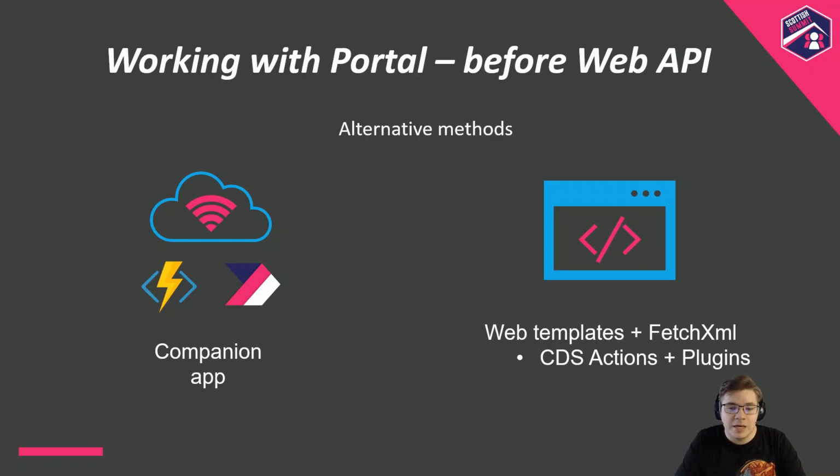Web templates are the portal way of defining a web page, so you basically define what should be rendered. You can create a web template that only has a fetch.xml, receives some parameters via the URL, fetches the data that is needed, and then renders it as JSON. So basically you create your mini web API to receive the data.